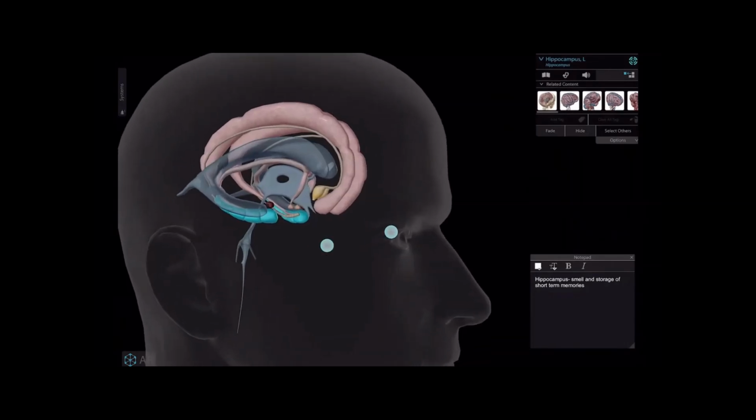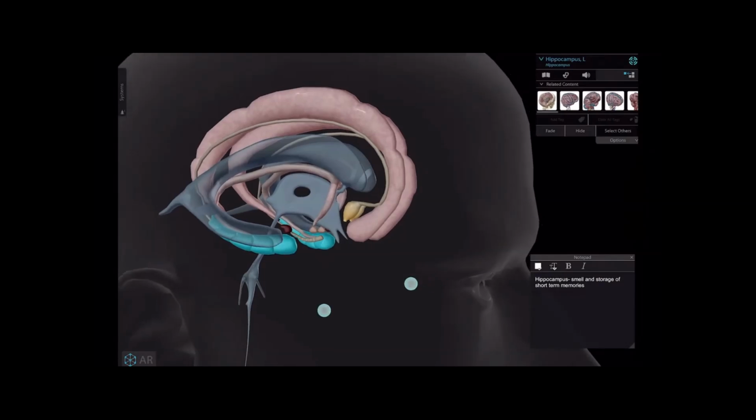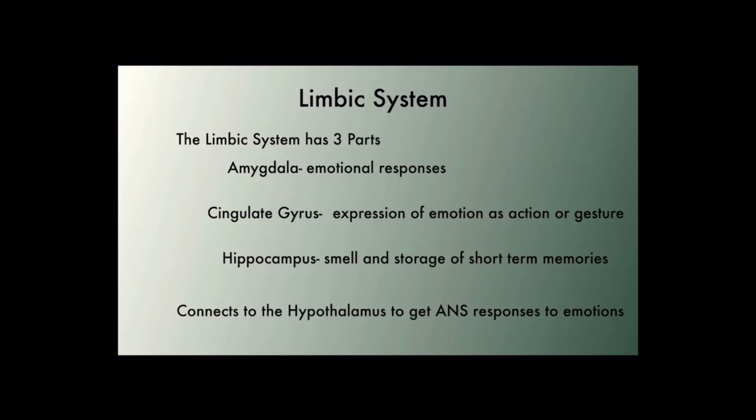There's those structures there. Hippocampus. Okay. Remember the limbic system connects to the hypothalamus to get ANS responses to emotions.